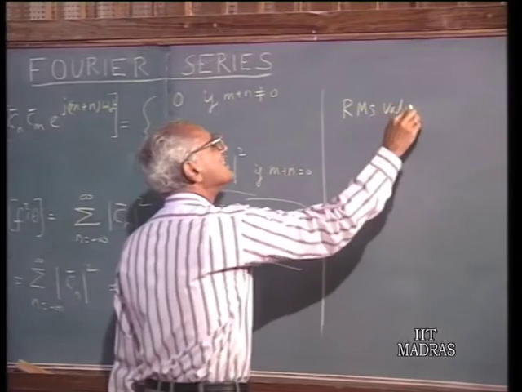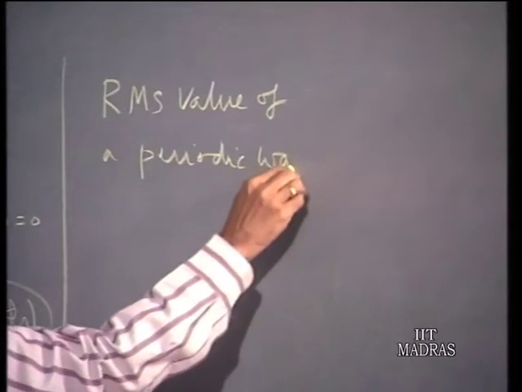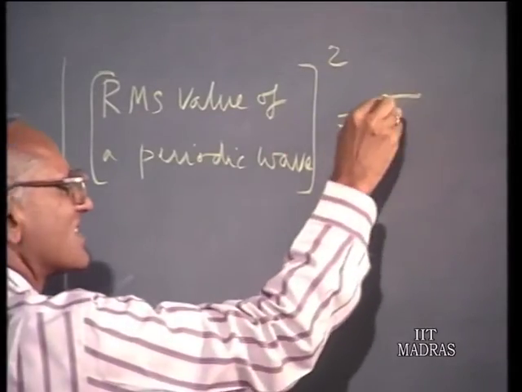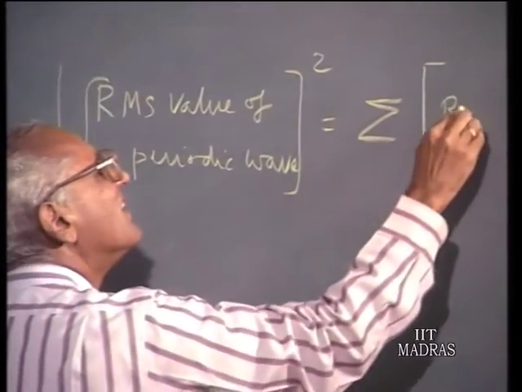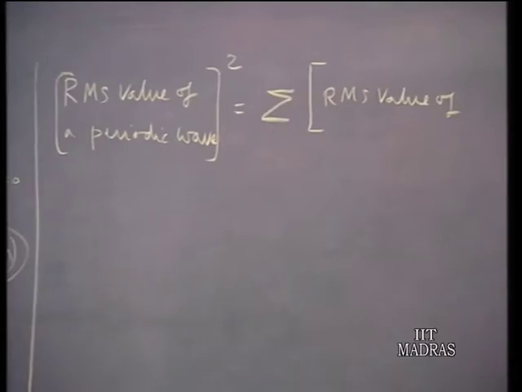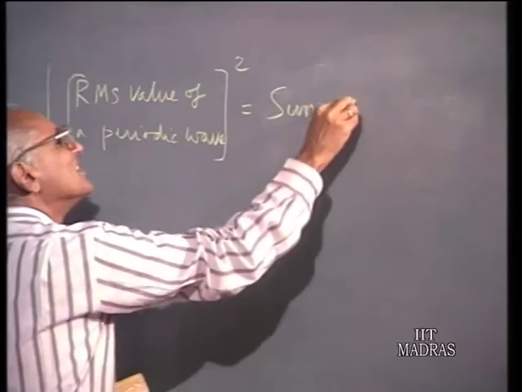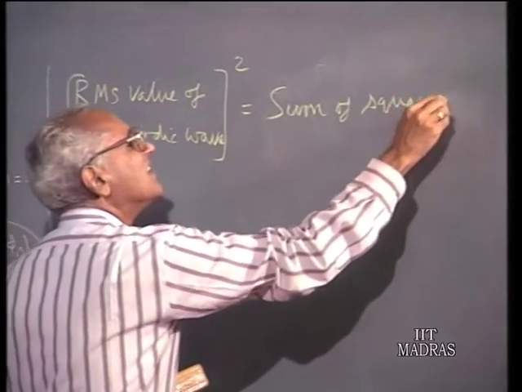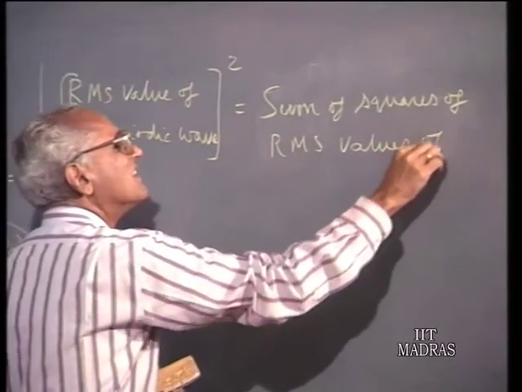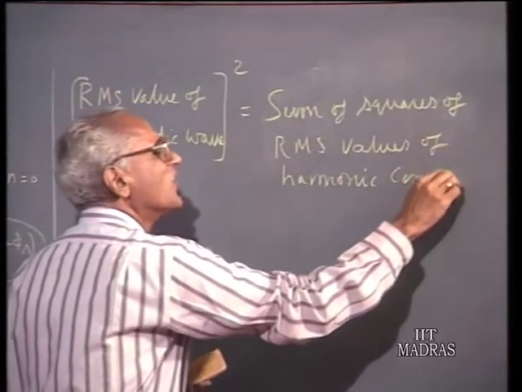So the final conclusion is that the RMS value of a periodic wave, the square of that, equals the sum of the RMS values squared of the harmonic components, including the DC.